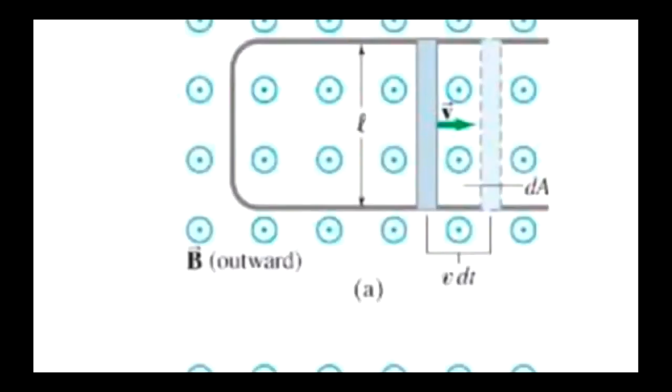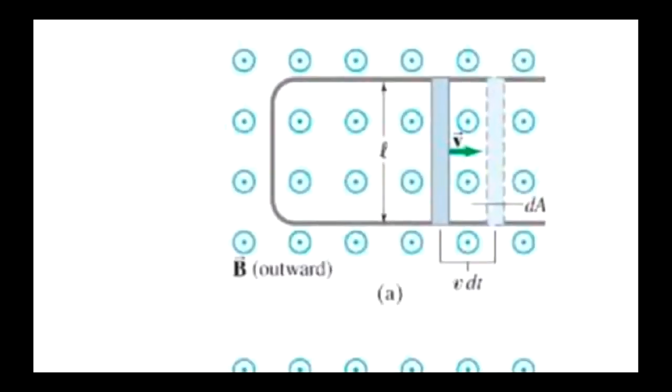Start by taking a look at the top right. Let's just zoom in on that. We've got a bar of metal represented there in the middle, and it's moving to the right at some velocity. It's connected to metal rails that complete a loop that goes around this way.